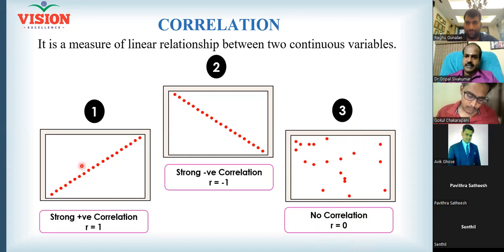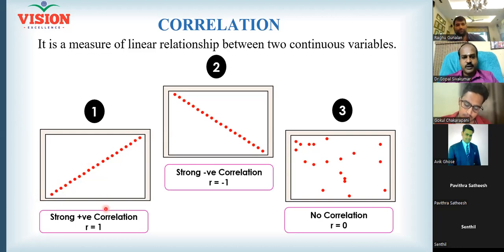Now coming to the next diagram. Look here, I keep on increasing the X. What happens to the Y? Y also keeps on increasing. And moreover, the points are perfectly lying on a straight line. What is your understanding now? Do you think X and Y have some relationship? Yes, definitely.